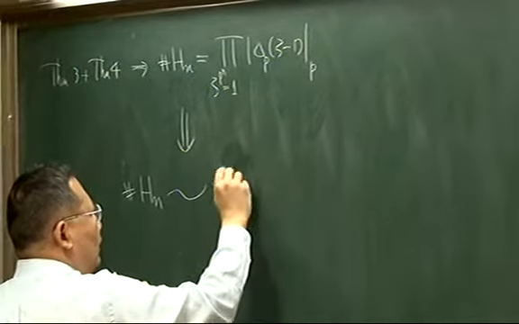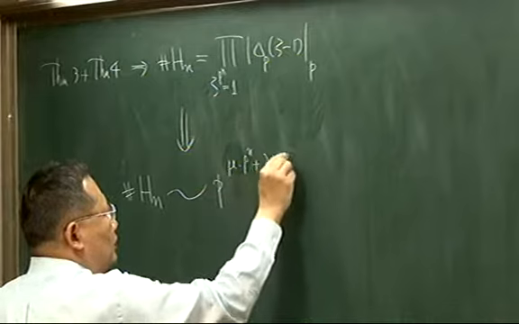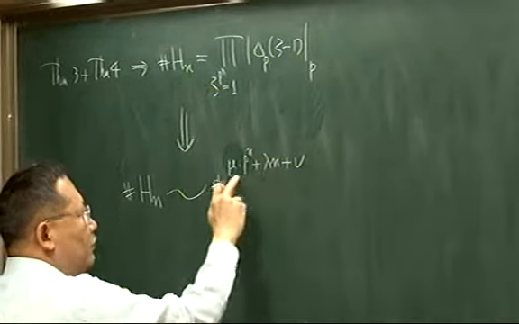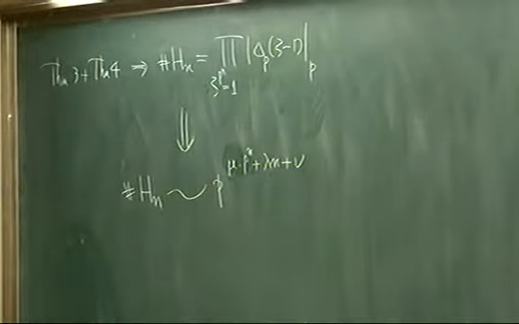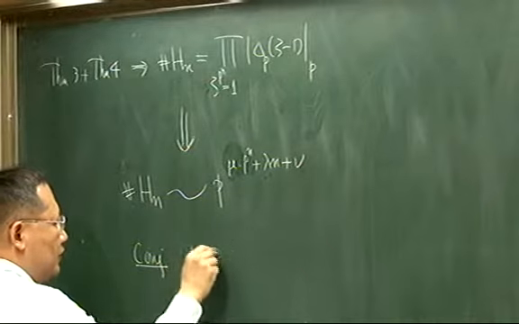The order is p to the power mu p^n plus lambda n plus nu, where lambda, mu, nu are constants independent of n. It is a conjecture that mu is always 0.